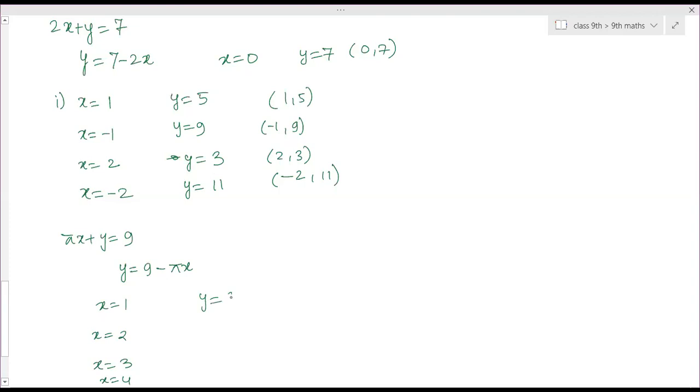So y will be 9 minus pi into 1, which is pi; y is equal to 9 minus 2 pi; y is equal to 9 minus 3 pi; y is equal to 9 minus 4 pi. Don't substitute the value.